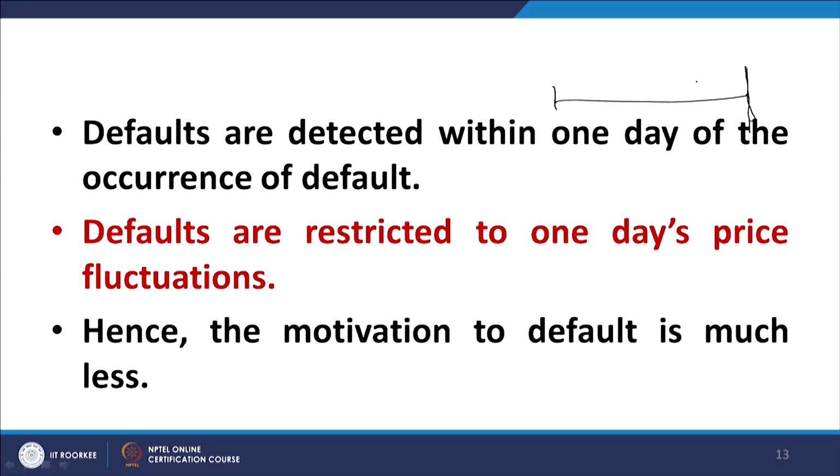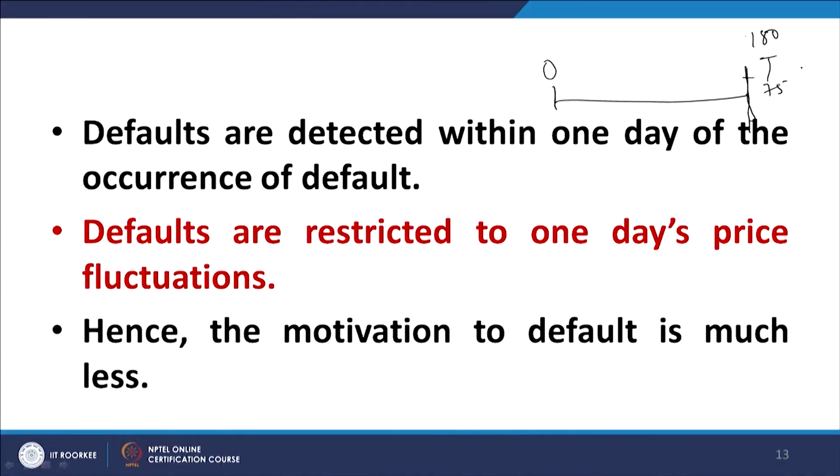Because there could be a significant time gap between t equal to 0, which is today, and t equal to capital T, which is the maturity of the forward contract, the entire cumulative effect of the price change is felt at the end. For example, let us say you entered into a forward contract at t equal to 0 at a price of rupees 75, and on maturity the spot price has gone up to rupees 180. You have taken a short position in the forward contract.